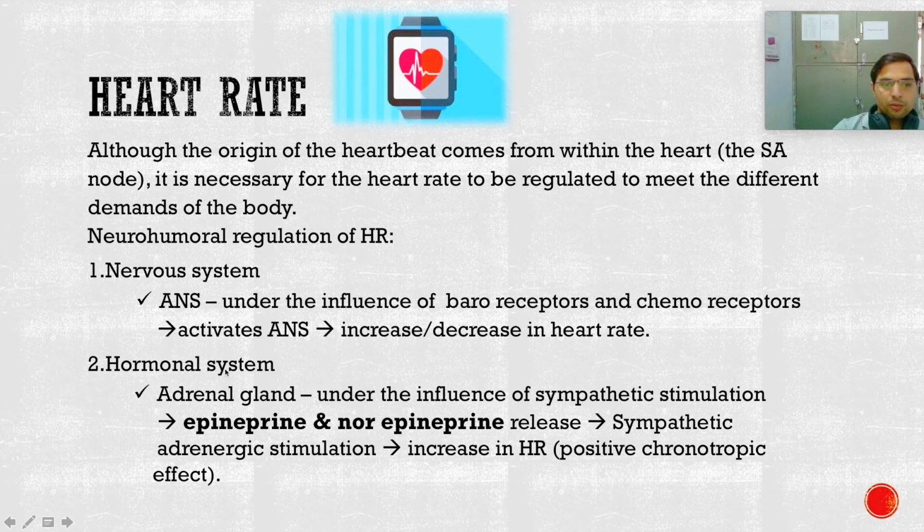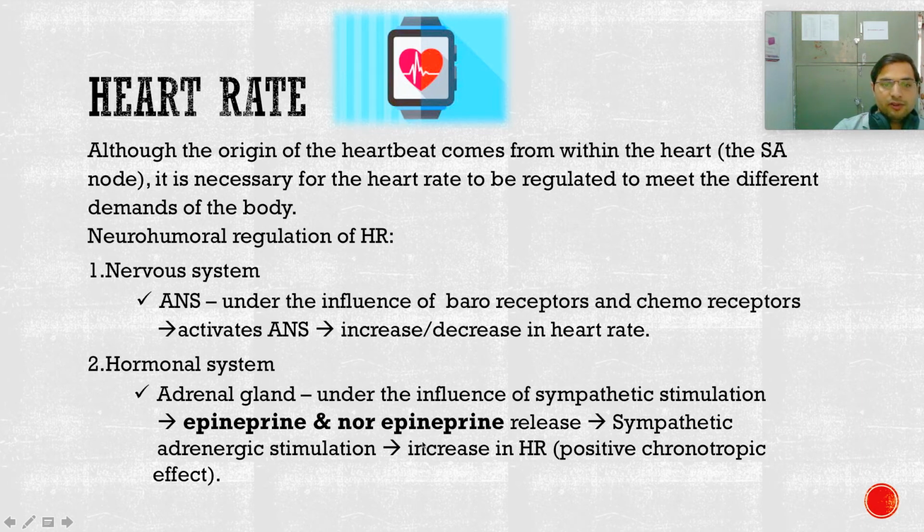Second is the hormonal system. Whenever the autonomic nervous system is stimulated, it also influences the adrenal gland to secrete epinephrine and norepinephrine, and these catecholamines in a cycle activate the ANS more, leading to an increase in heart rate, or they can also directly increase the heart rate.